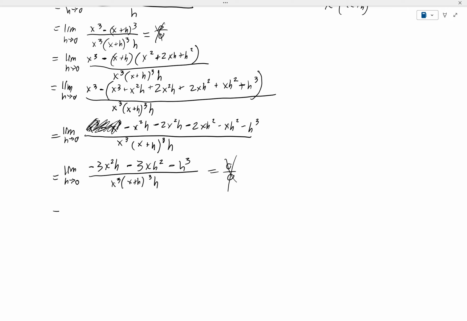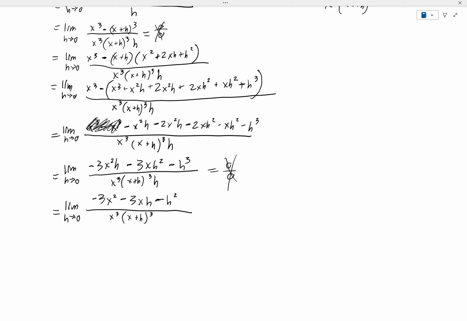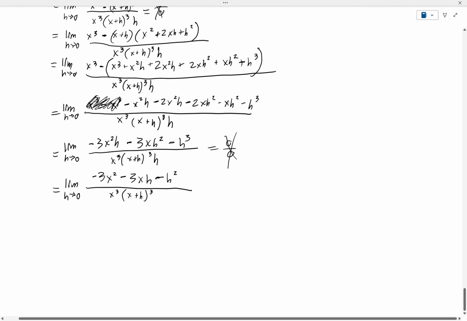So why don't we divide by that factor of h in the numerator and denominator that's causing all of the problems. Negative 3x squared minus 3xh minus h squared. And we've got the same denominator except there's no h anymore. So this is what we got it down to.